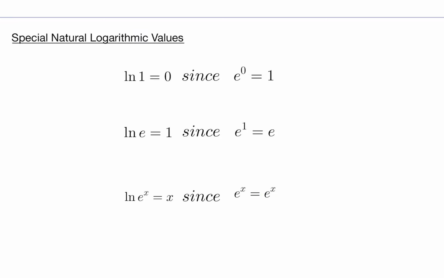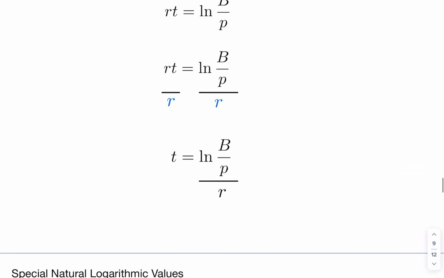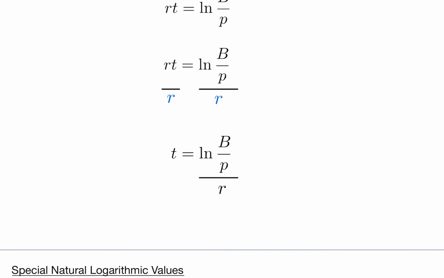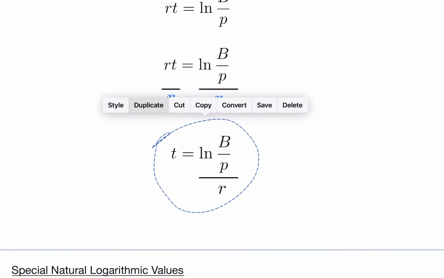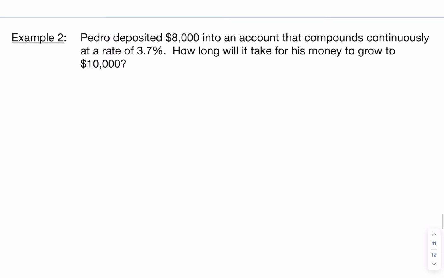All right, so let's go ahead and take a look at a particular example and see how this works. Okay, so let's make sure we remember this equation, because we're going to utilize this in this next example. Okay, so in example 2, Pedro deposits $8,000 into an account that compounds continuously at a rate of 3.7%, okay?